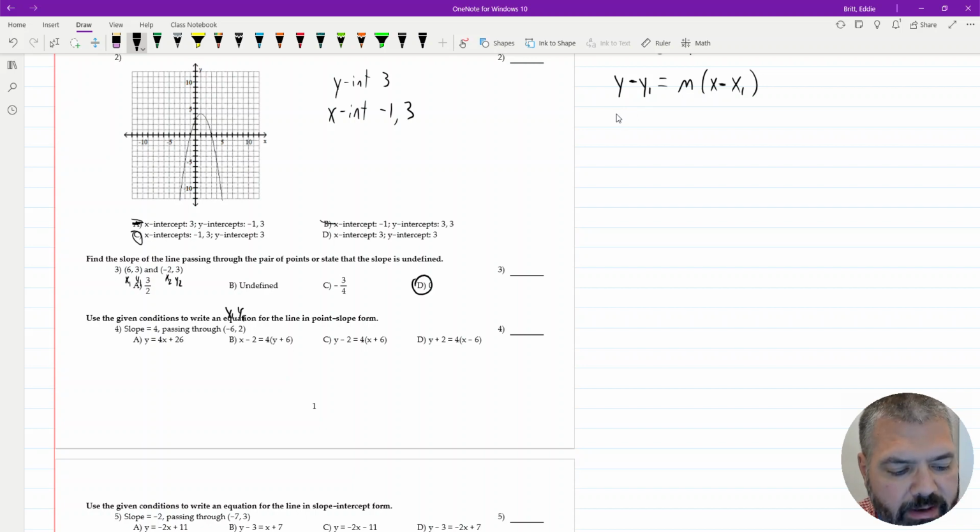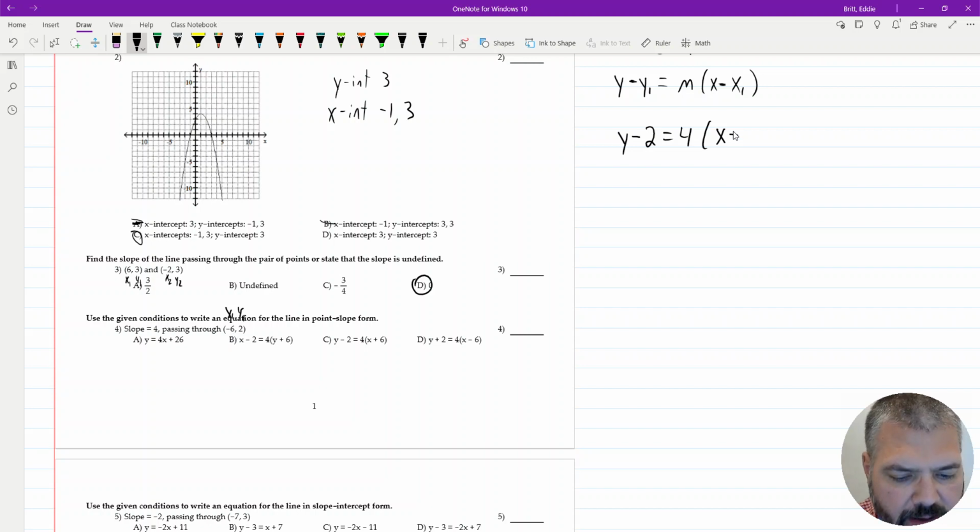And if we want point slope, all right, then that's all I need is a point and the slope. So that's y minus, and then y sub 1 is 2, equals m, the slope was 4, times x minus, and now my x sub 1 is negative 6.